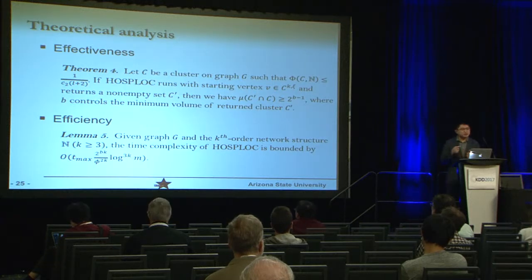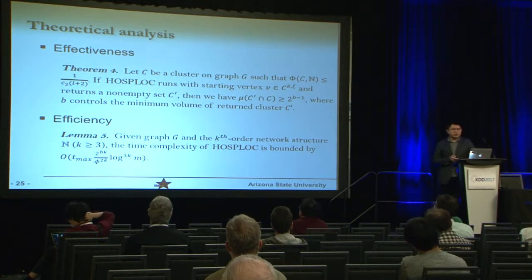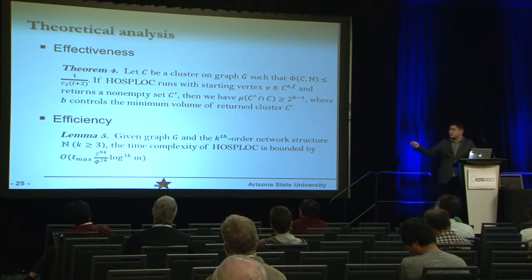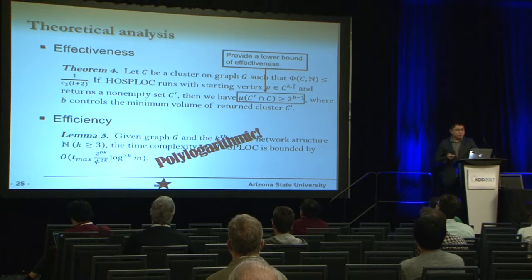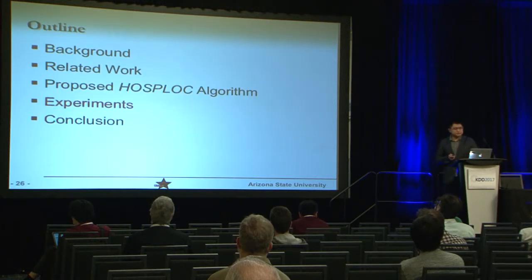B is a constant which controls the minimum volume of the returned cluster, and it is decided by the user. Then in lemma 5, we show the time complexity of our algorithm, which is here. It appears that our algorithm could run in polylogarithmic time with respect to the number of edges in the given graph.